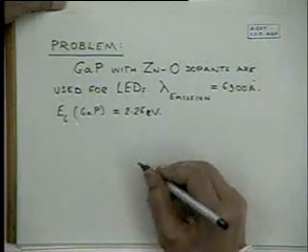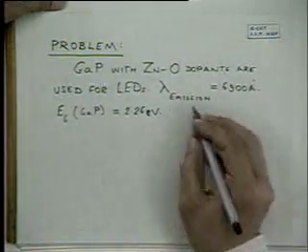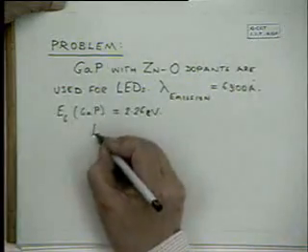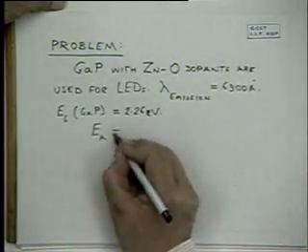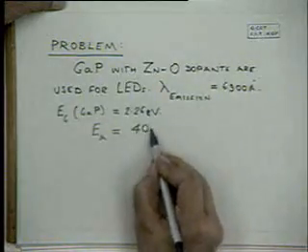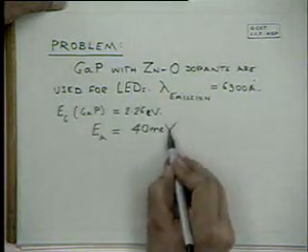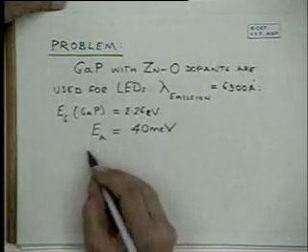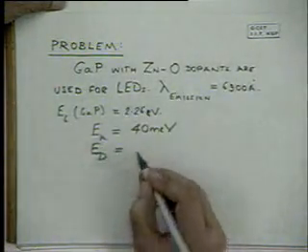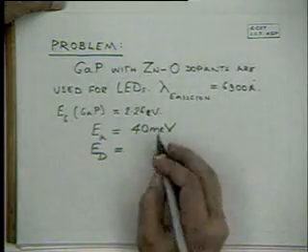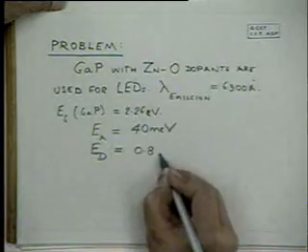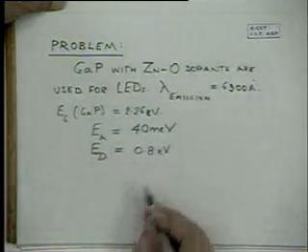We are told that the zinc acceptor level is at a depth of 40 meV, and the donor complex due to oxygen is 0.8 eV below the conduction band.